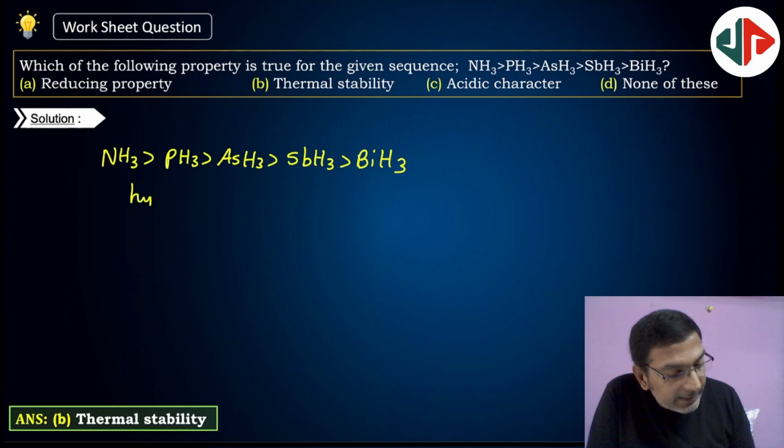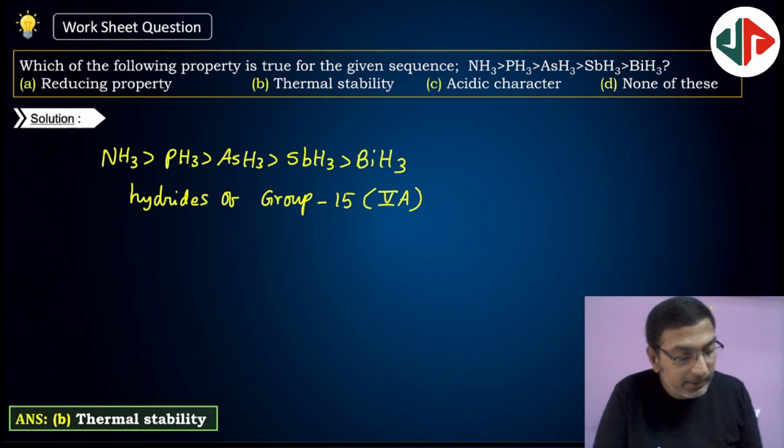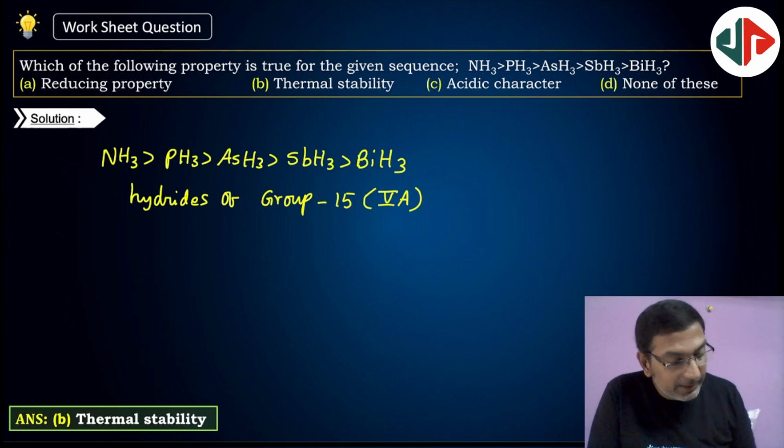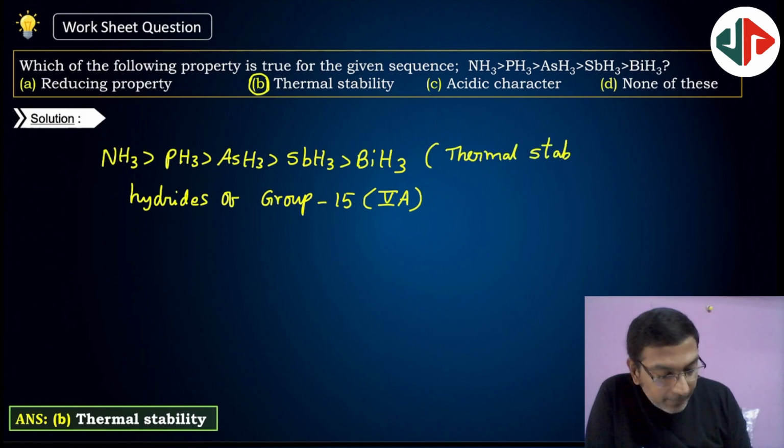These are hydrides of group 15 or 5A hydrides. So decreasing order is given. So here thermal stability represents this order.